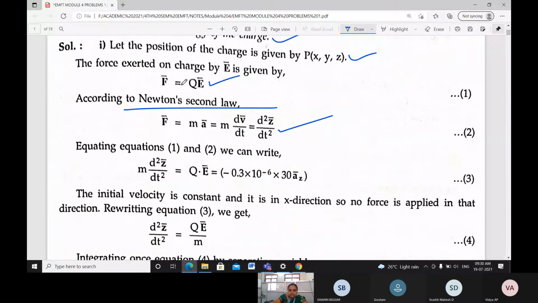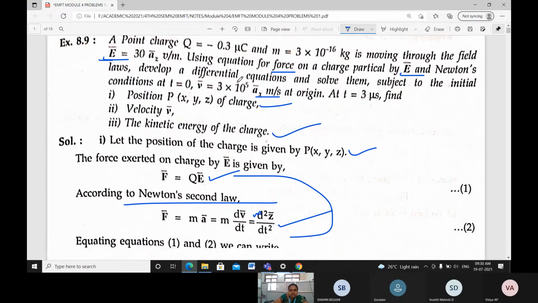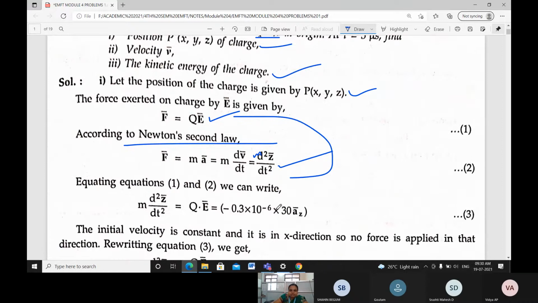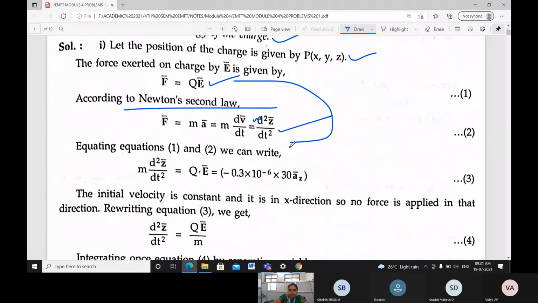Equating both equations, M d square z divided by dt square is equal to Q times E. We know the charge Q and also the electric field intensity, so substituting, we get minus 0.3 into 10 raised to minus 6 into 30 in the az direction.